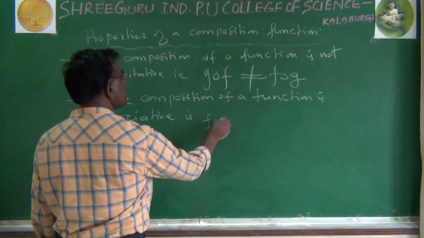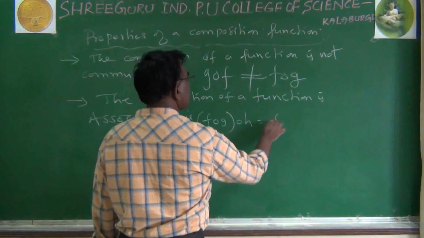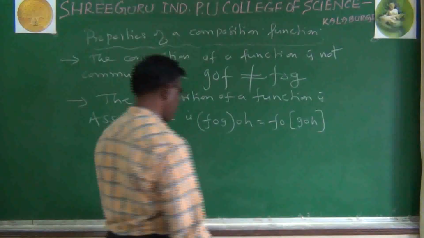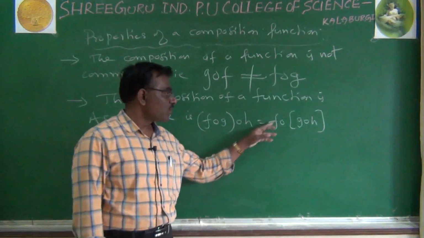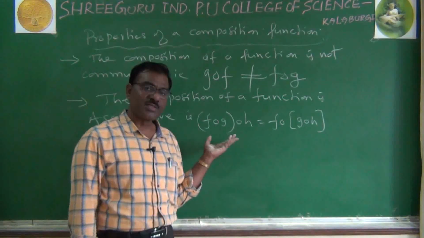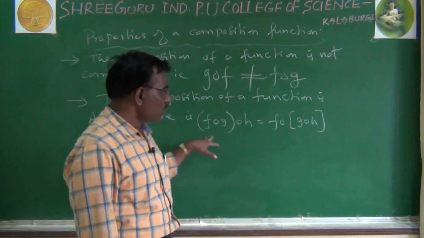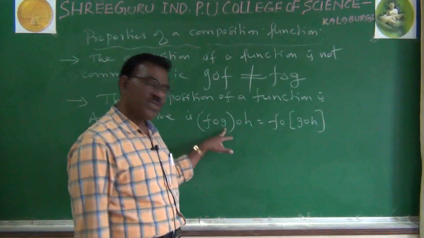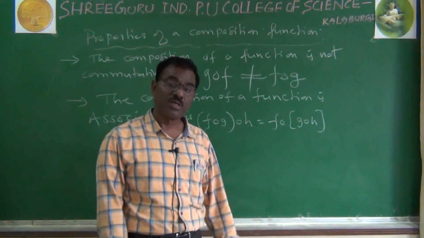F composition G composition H equals F composition G composition H. This is associative because it involves three functions, but with two functions it is commutative, not associative. Usually associative means you have to select three functions. It is associative.